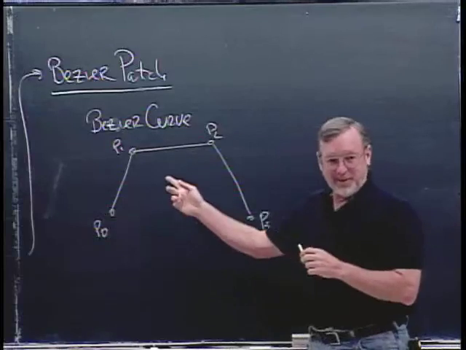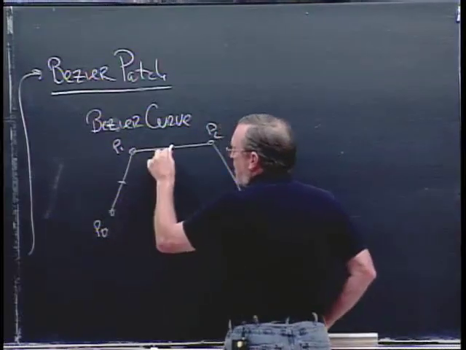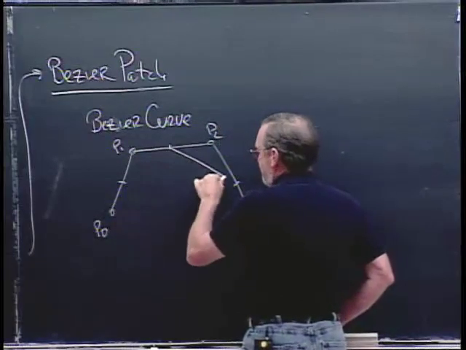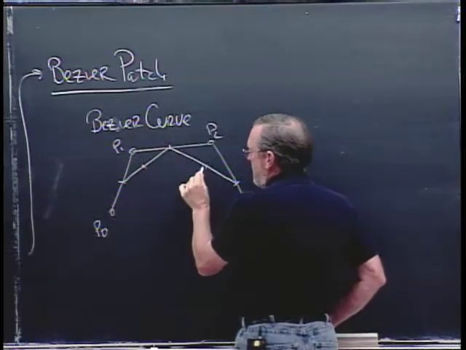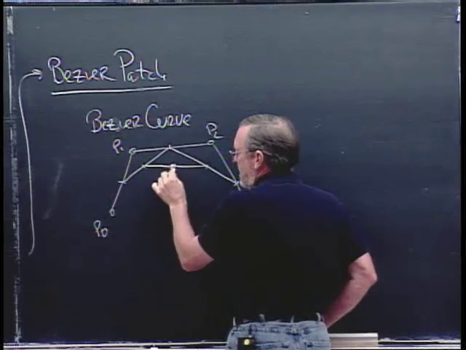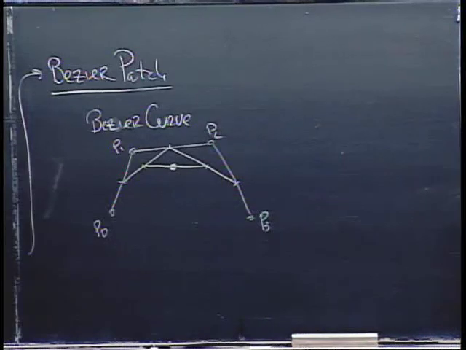You do, I call it, the half, half, half algorithm. You start taking points halfway along here and connecting the dots. Take points halfway along here, connect the dots. And when you do the last one, that becomes a new point on the curve.